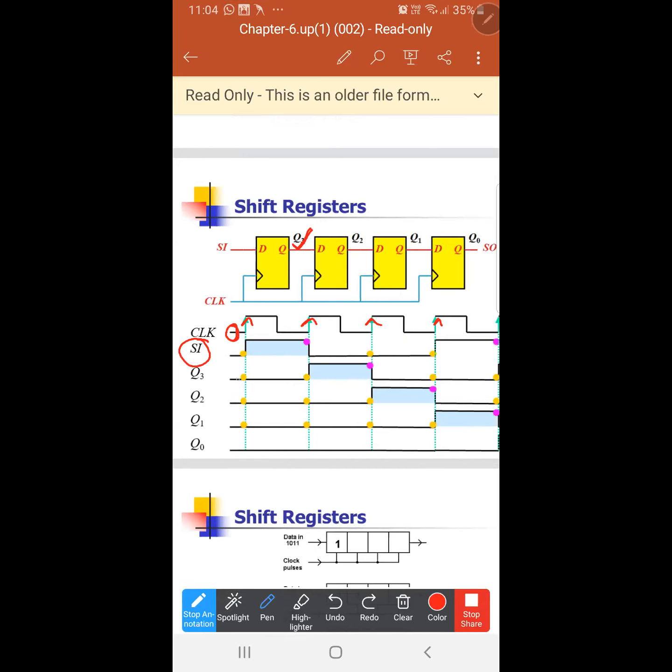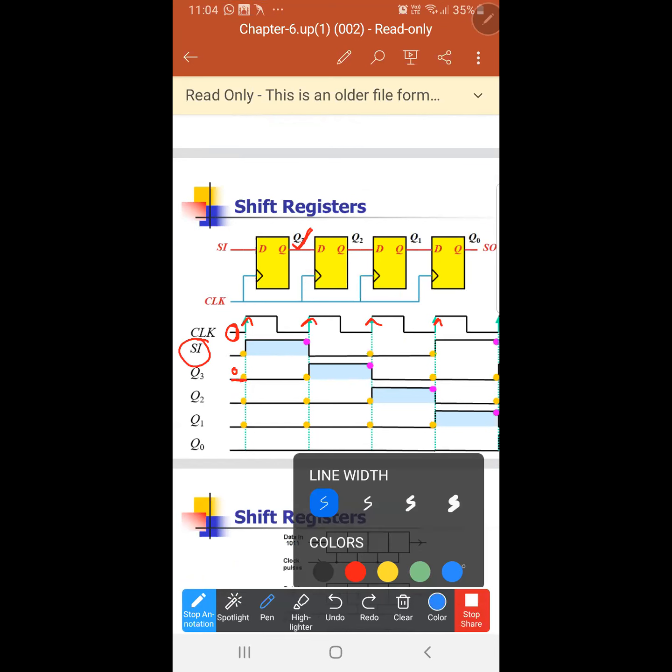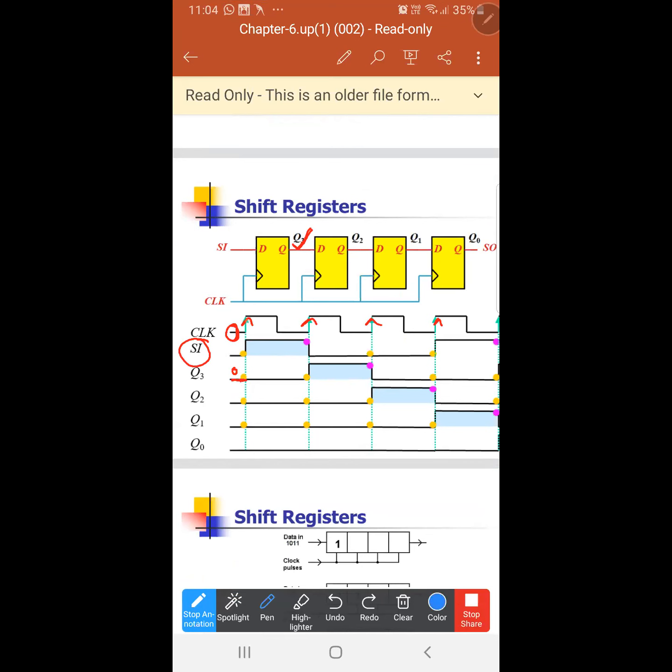The initial value will be 0. Now at the edge of the clock, you can see it is 0 and 1. Which value will you choose? The first value, 0. It will continue as 0.